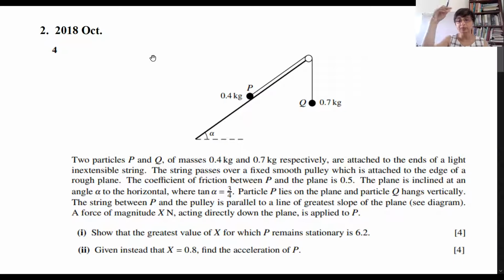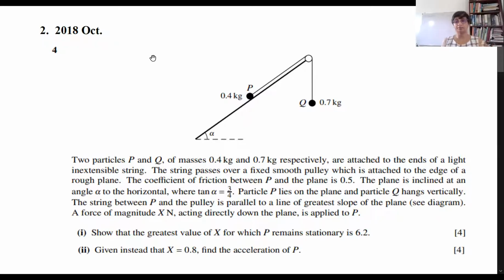It's going over a pulley that is connected to a ramp. One particle is resting on the ramp, the other particle is hanging down. As you can see, the particle Q is heavier than P. This ramp is rough. And if you release it as it is, the friction acting between P and the surface would not be enough to stop it from moving. And since the Q is heavier, it's going to start moving towards Q if you just release it.